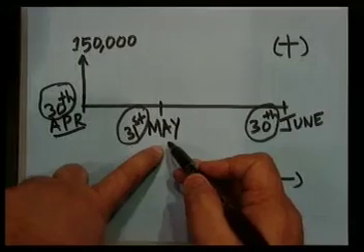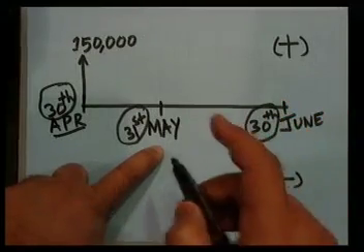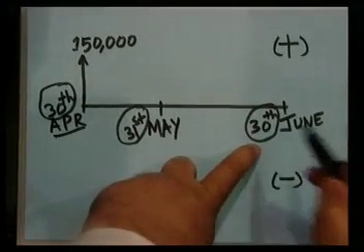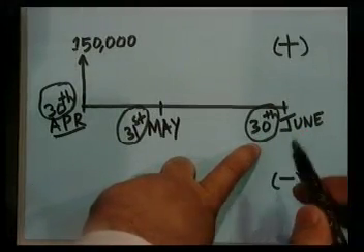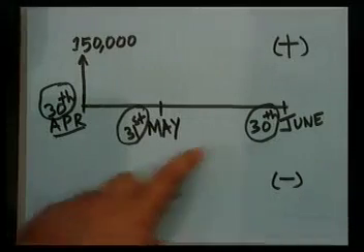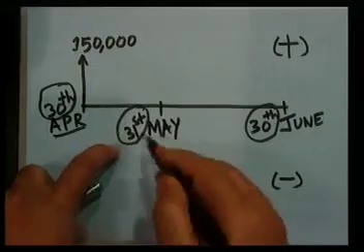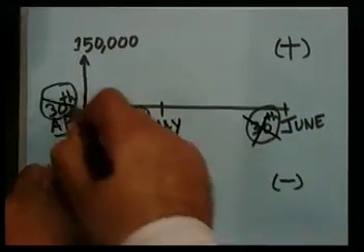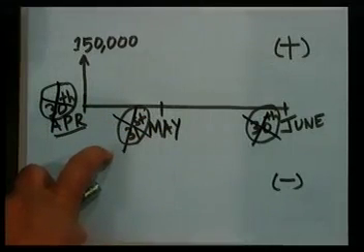May means end of May, that is 31st May. June means 30th of June, right, last day of June. From here onwards, I am not going to write all these things, so I am cutting it out, right.